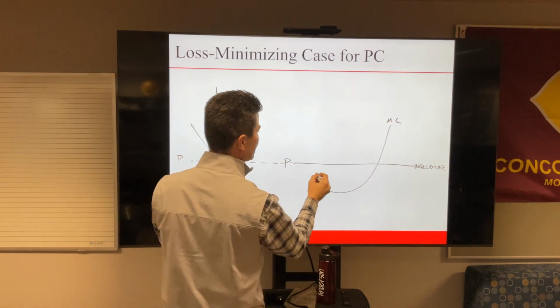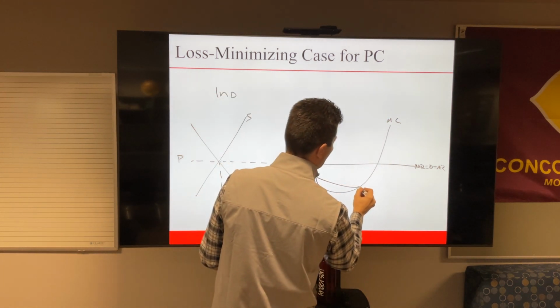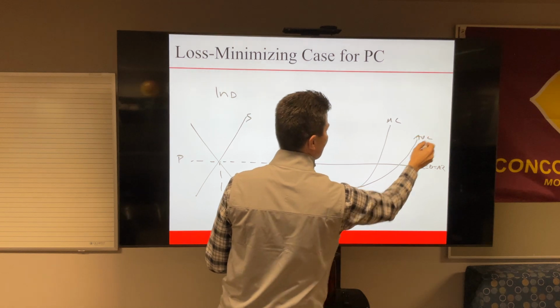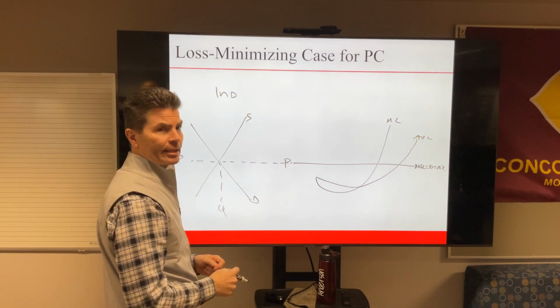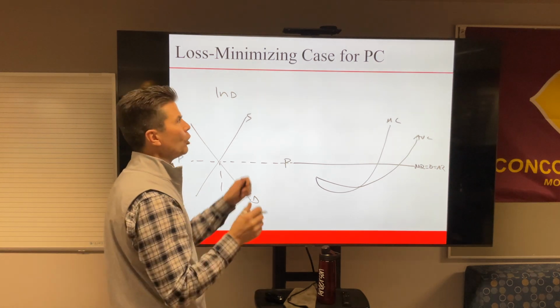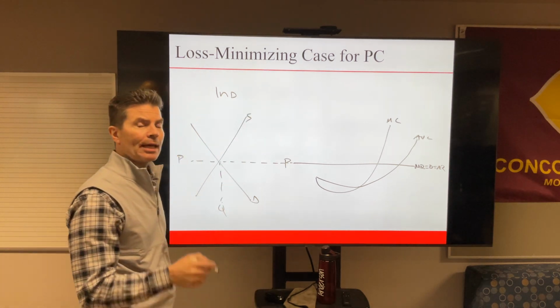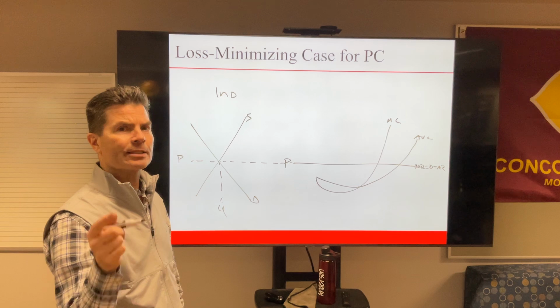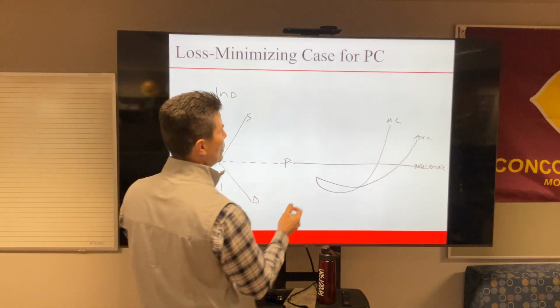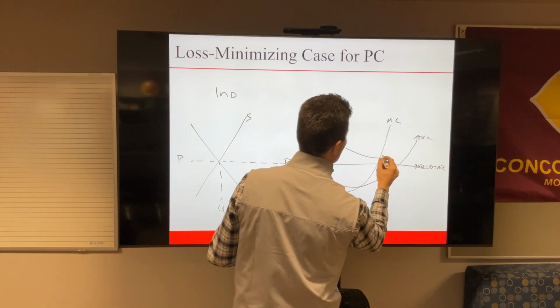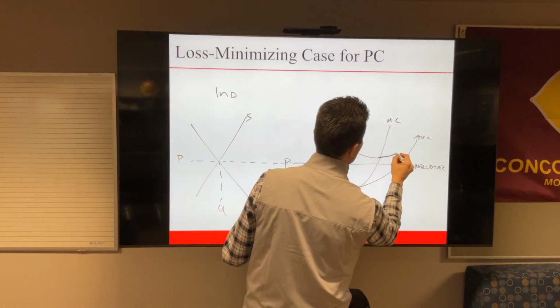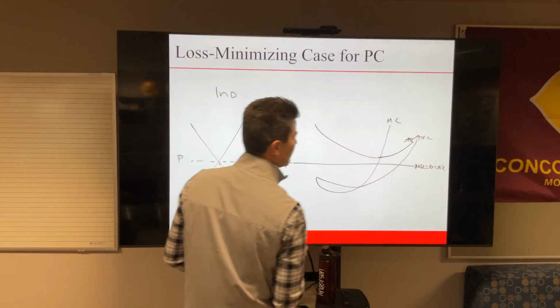Here's marginal cost. Here's your AVC. And now the trick is I'm going to draw an ATC. But remember, if I have a loss at the optimal quantity, my price has to be less than ATC. So I am going to draw the ATC like this.